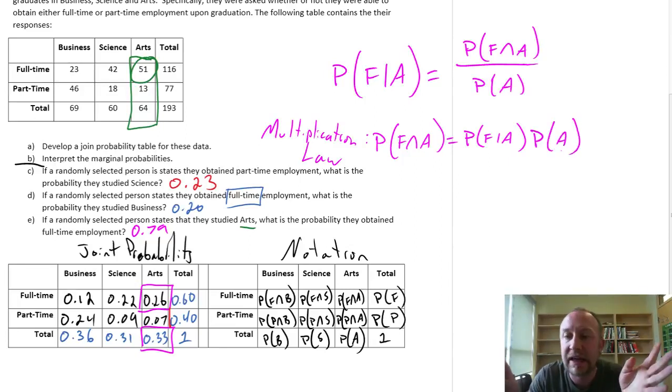Okay, and that's it. That's our multiplication law. So in order to obtain the intersection of two events, it's equal to the conditional probability multiplied by the marginal probability.